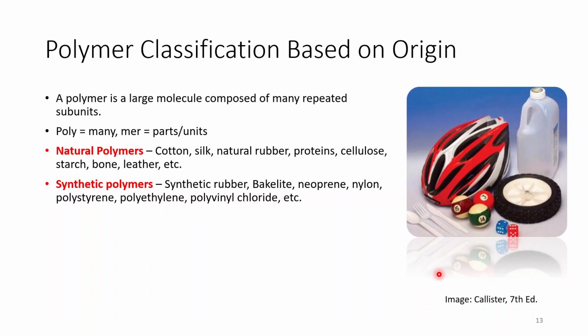Natural polymers include cotton, silk, natural rubber, proteins, cellulose, starch, bone, leather, etc. Synthetic polymers include synthetic rubber, bakelite, neoprene, nylon, polystyrene, polyethylene, polyvinyl chloride, etc. These are examples of some polymers that are used for various applications.